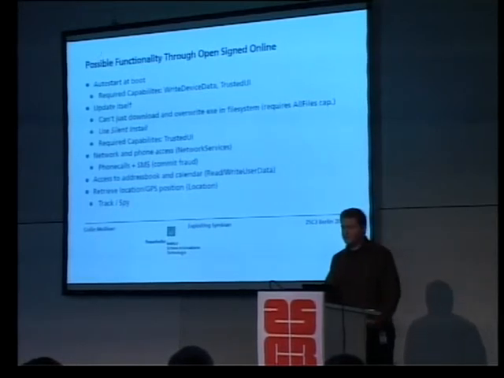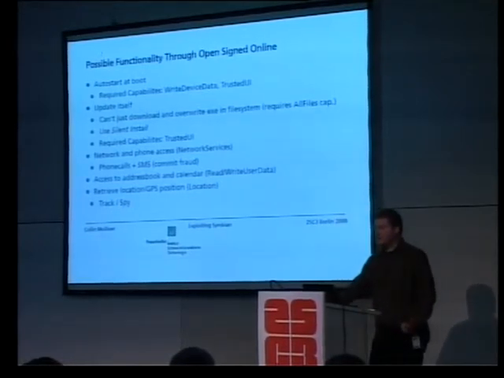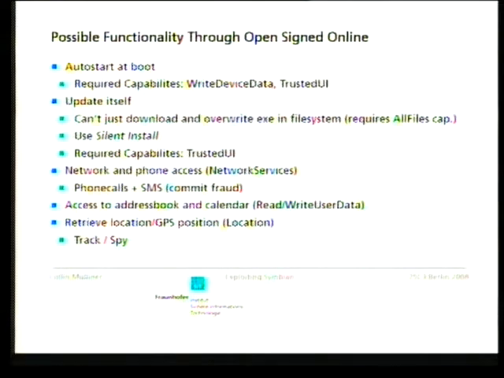So what could you do if you abuse the online signing system? So of course auto start. Self update is always nice, or installation of other utilities using stuff like silent install, which is just another add-on library which you could of course easily embed into your malware.